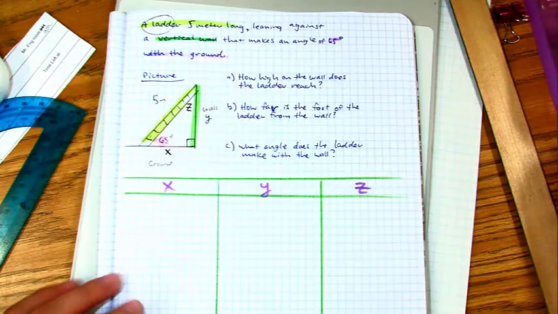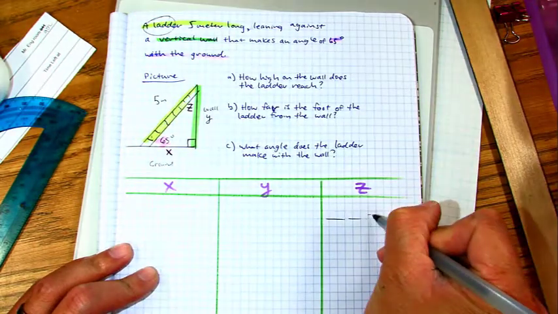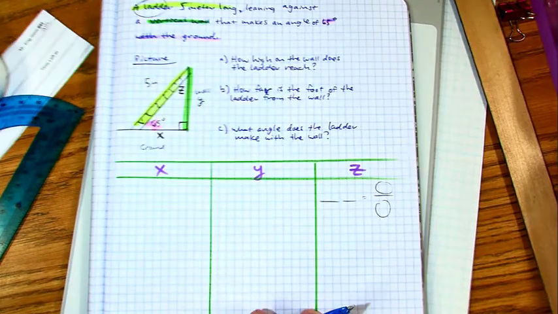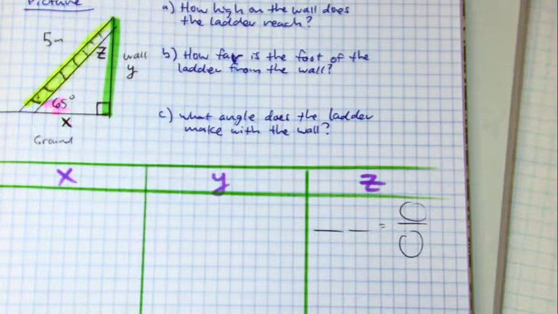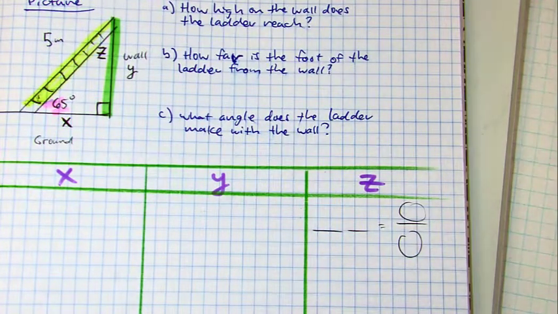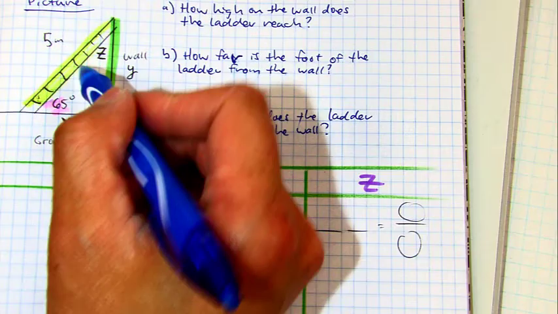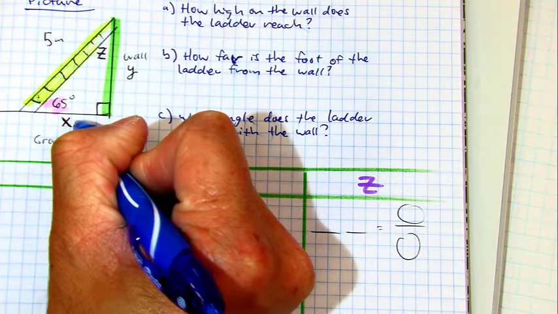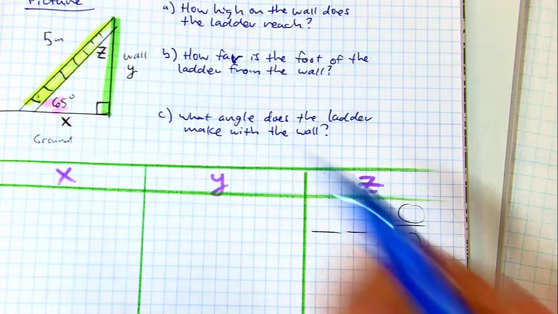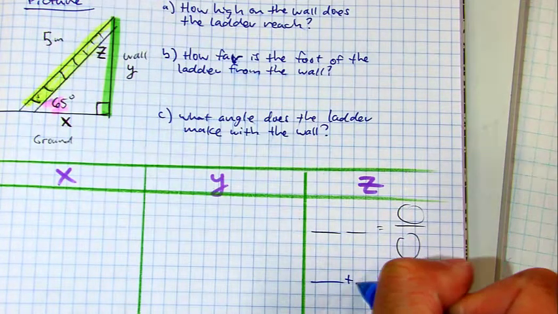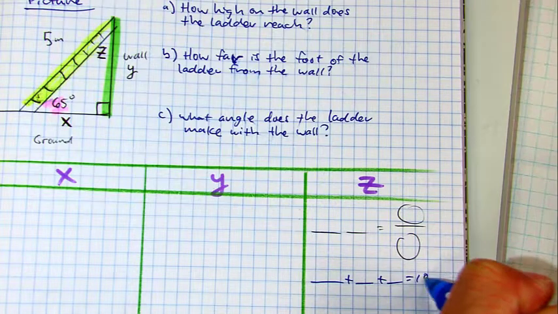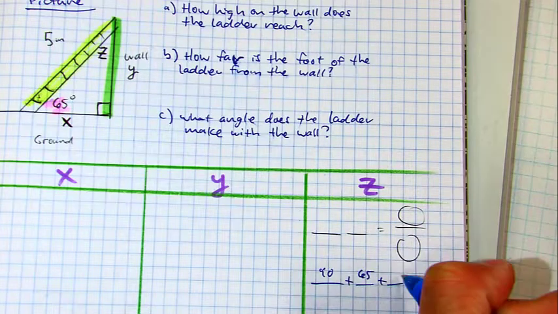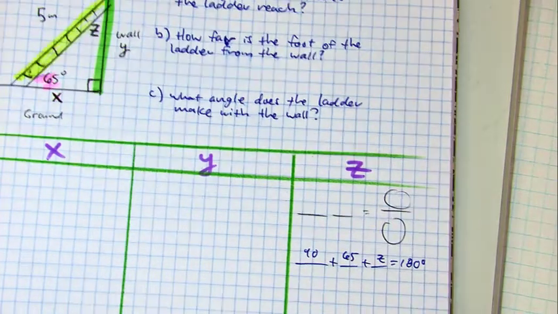Z. Tell me an equation. How'd you fill that out? You said Z, right? How do you label it? Well, I just added 90 plus 65. You added 90 plus 65 to give you Z. 90 plus 65 is?